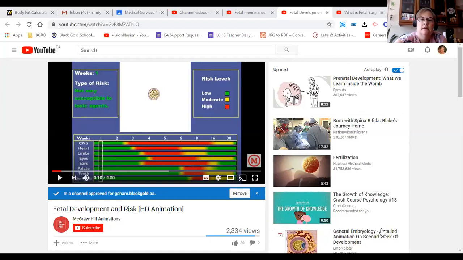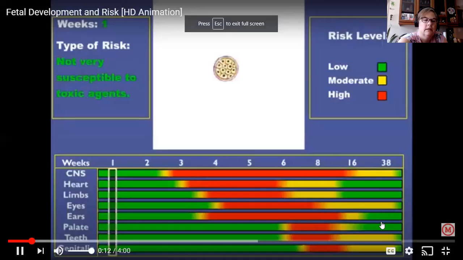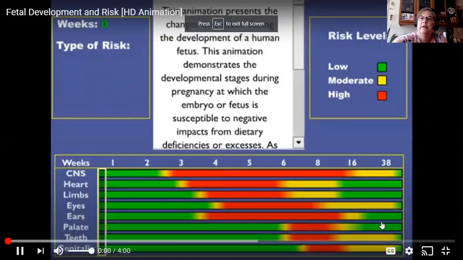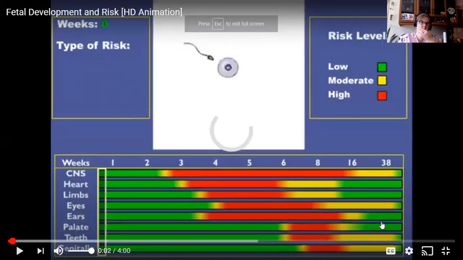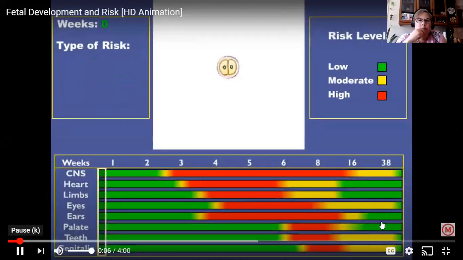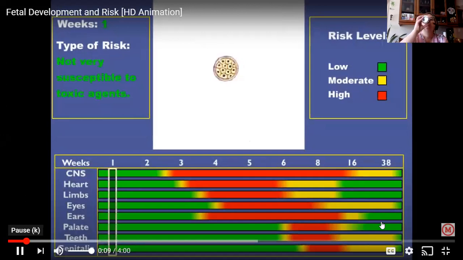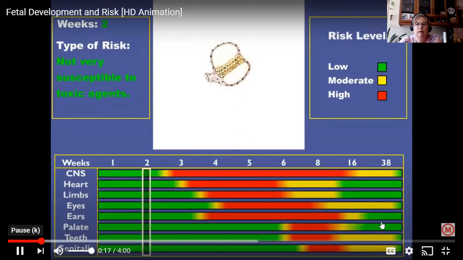In a termination of the pregnancy, most often unnoticed, is important. The fertilized egg is not very susceptible to toxic agents. Any trauma at this stage will result in a termination of the pregnancy, most often unnoticed by the mother. Once the embryo attaches to the uterus wall, it will begin its growth in earnest.